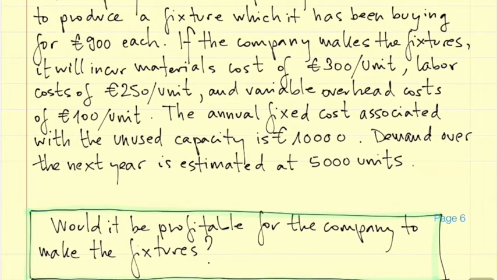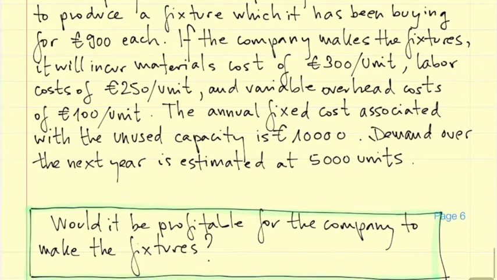We have been buying for 900 each unit. The company would have a cost of 300 plus 250 plus 100 euros per unit, plus a fixed cost of 10,000 associated with the unused capacity, and the demand is 5,000 units.